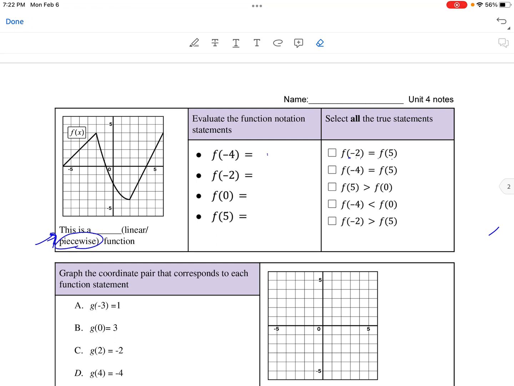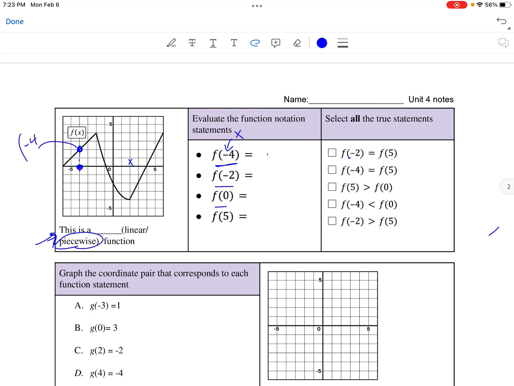All right, so we haven't been told the rules, but we have this nice graph, so we can figure out what the outputs are when we know the inputs. So when the input, f of -4, so when the input is -4, that's our x value, right? On the x-axis here, we're going to go to -4, and we're going to see what the output is. We trace it up to the function, and we could write it as an ordered pair, right?